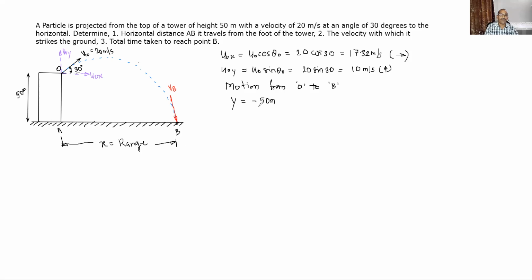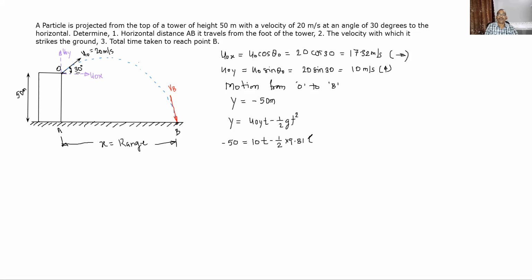If we use the equation of y, that is our equation number 4, y equal to u0y t minus half gt square. Now y value is known, u0y you already know, that means the unknown term is only t. That means directly we'll get how much time it takes to reach location B. If we substitute the y value here, minus 50, u0y is 10 meter per second, 10t minus half, g is what?